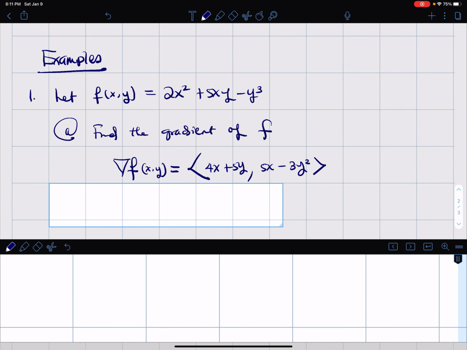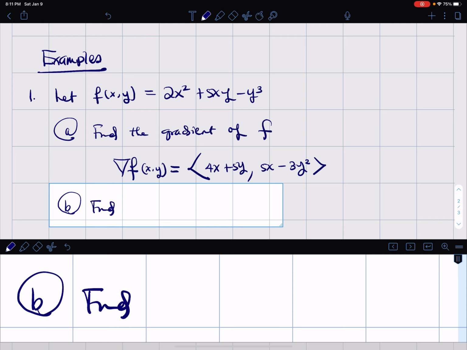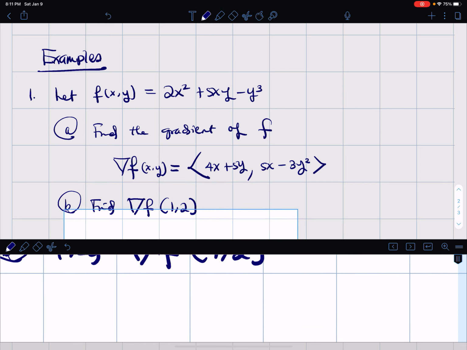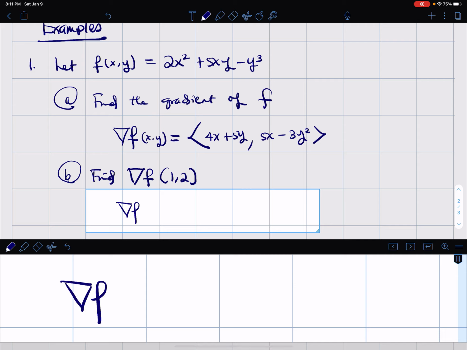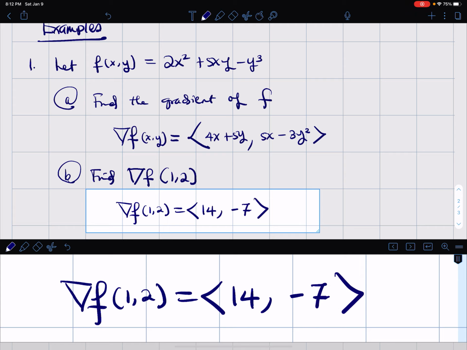And then we want to find its gradient at (1, 2). It just means plug in 1 and plug in 2 in the gradient. That's all. It can be very simple sometimes. When you plug in, I see 14 and I see negative 7. I think I'm right.